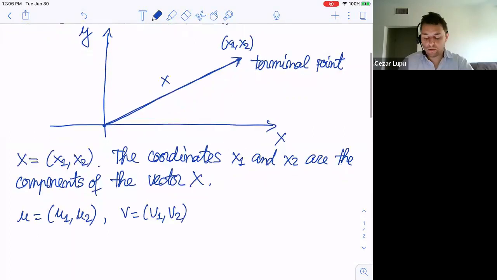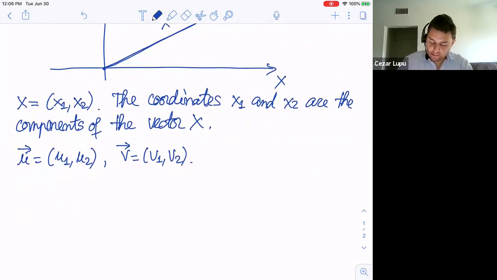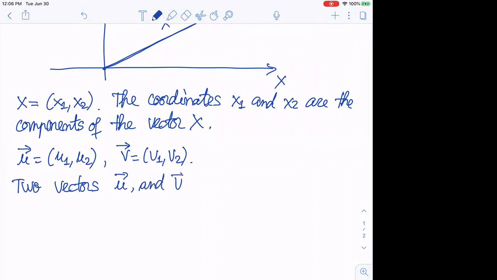Sometimes you put an arrow here if you want, to symbolize the fact that this is a vector. But when you write the vector's components, it's quite clear it's a vector. But anyway, so we say that two vectors u and v are equal.